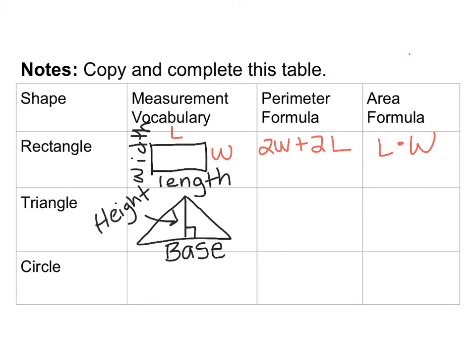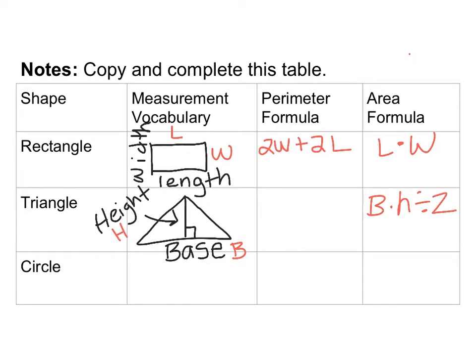Sometimes the height is one of the sides, in this case the height goes down the middle of the triangle. So I'm going to use H to represent height, and B to represent the base. So my area formula is going to be base times height divided by 2.